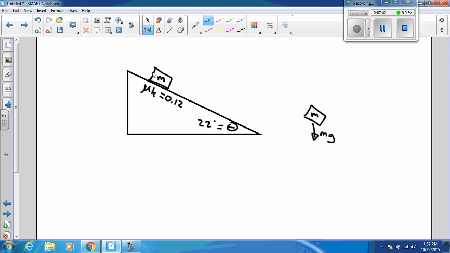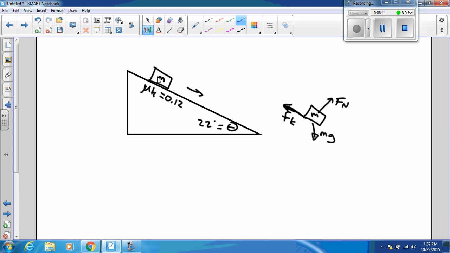We have mass m. We have mg going straight down. We have the normal force perpendicular to the plane. And we're going to have a force of friction that is going to be opposite the direction of motion. And since the mass is going down the plane here, the force of friction will be going up the plane over here.